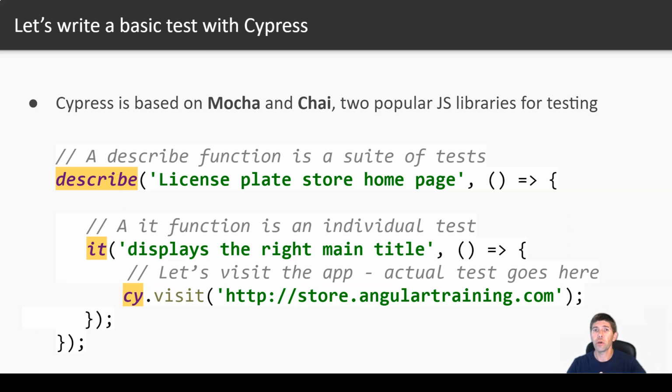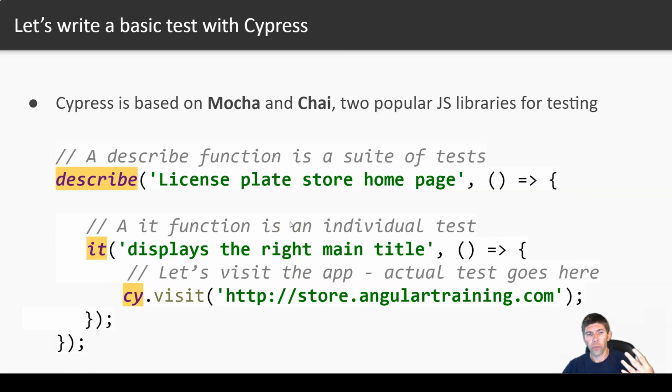So maybe you want to test a specific page or a specific feature, and you want to group all of the tests related to that page or feature in that one describe function. This function takes a first parameter string to describe what we are testing here, and the second parameter is a function where we have the actual testing.